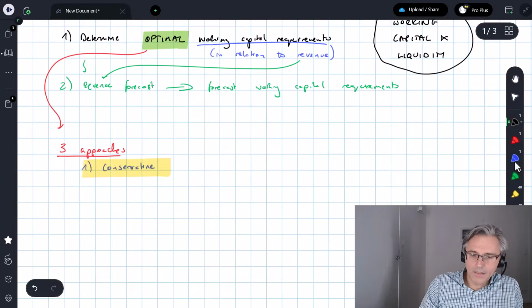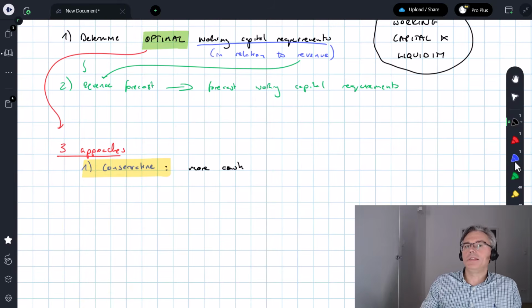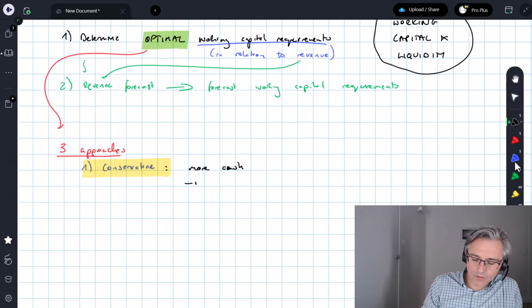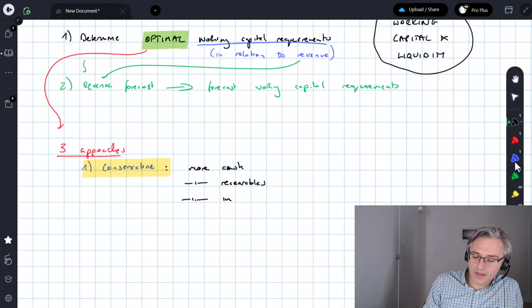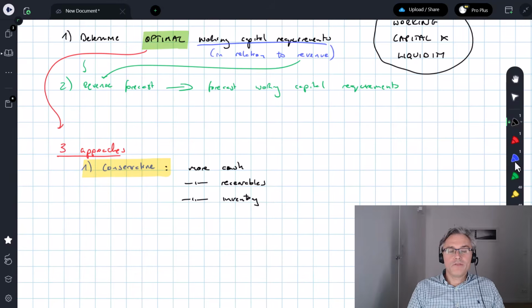And this one is all about keeping more cash in the business than may necessarily be needed. Also having more receivables and higher levels of inventory. Higher levels of inventory means you're stocking up.